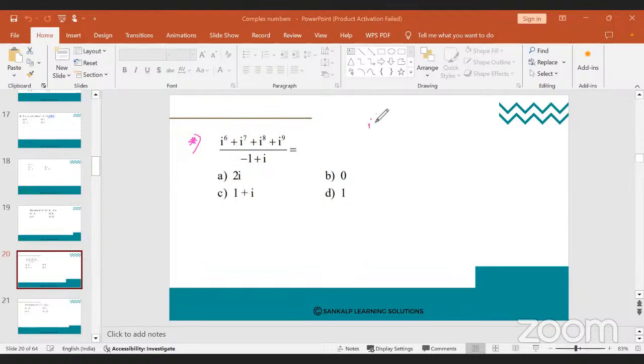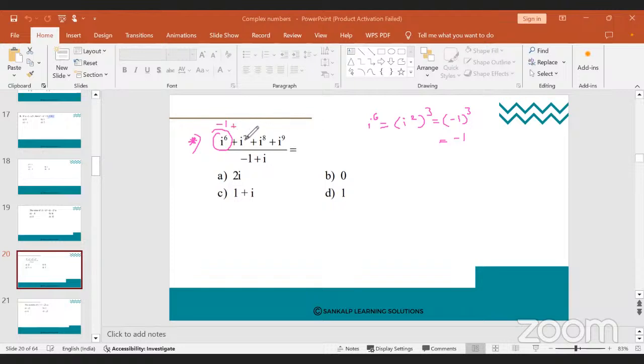i raised to 6 in the sense what? i raised to 2, the whole raised to 3. i square is minus 1, the whole raised to 3. It is minus 1 only the answer. Only for this section I am giving the hint. i raised to 6 is minus 1.